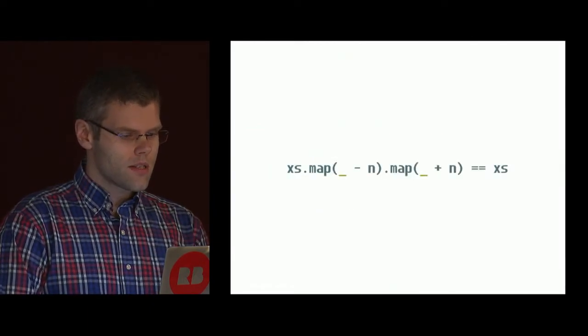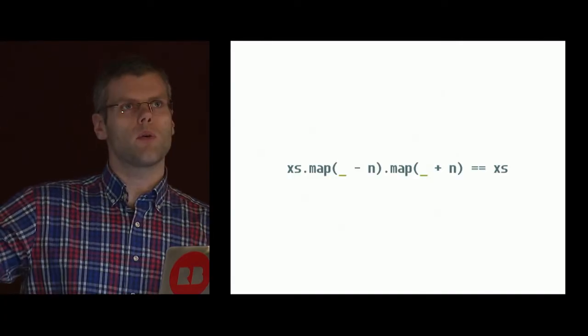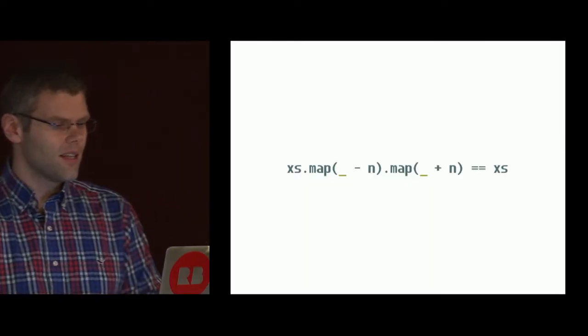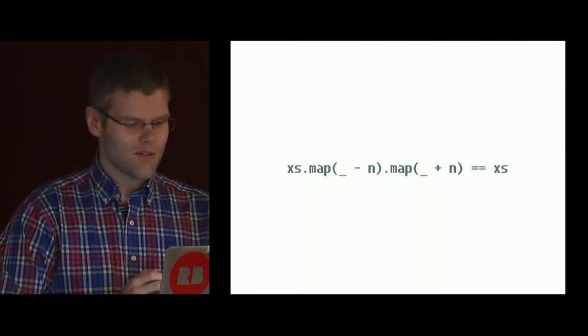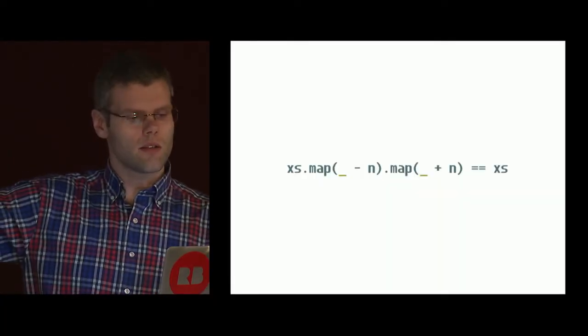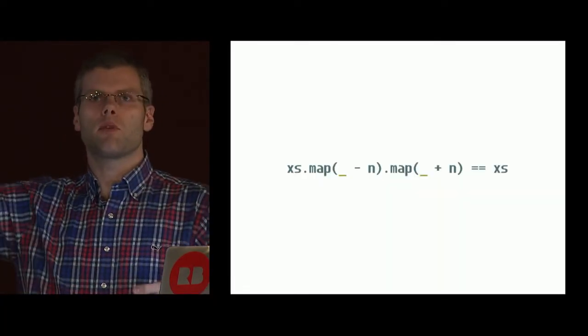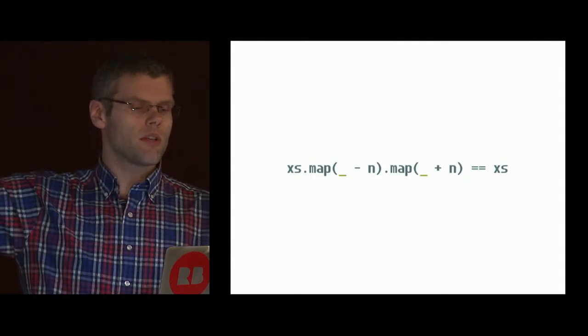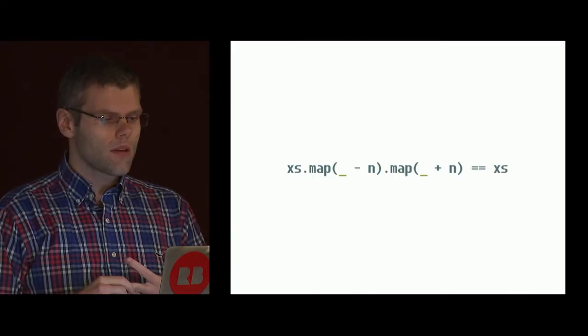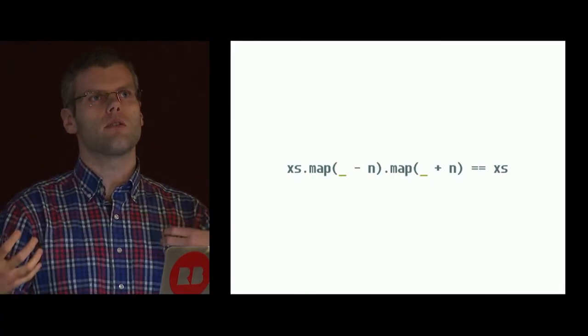For example, if you consider this simple kind of equation, right? So I'm going to stop picking on actors for now. But if you consider this kind of equation where we want to say that, if you have a list called xs, and you map over that by subtracting some number n, and then you map over it again, and you want to add another number n, shouldn't that be the same list that you started with?